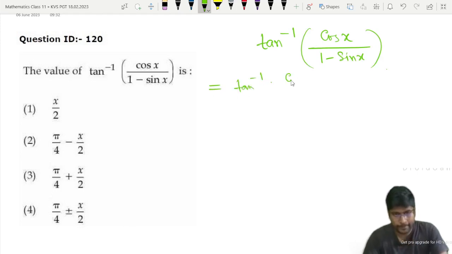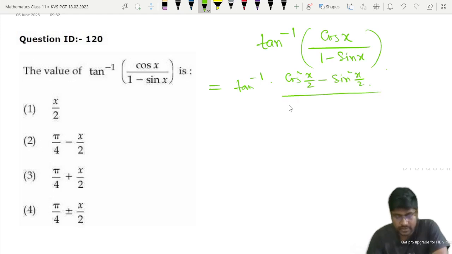Now cos x I will write cos square x by 2 minus sin square x by 2. Then divided by 1, which I will write as sin square x by 2 plus cos square x by 2, and minus sin x, that I will write 2 into sin x by 2 into cos x by 2. Clear or not?